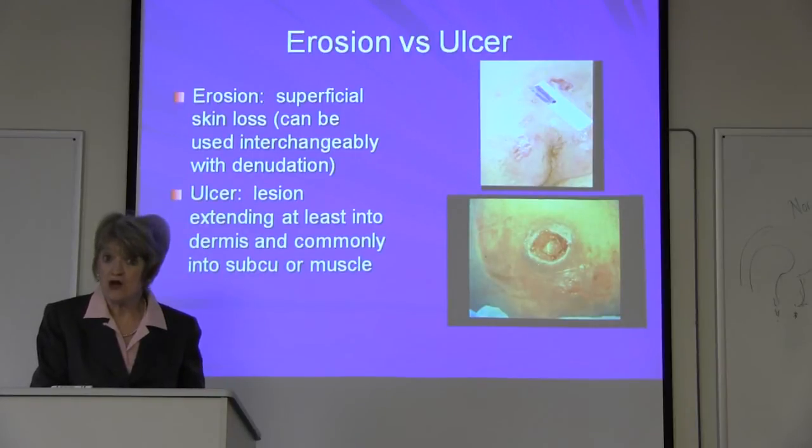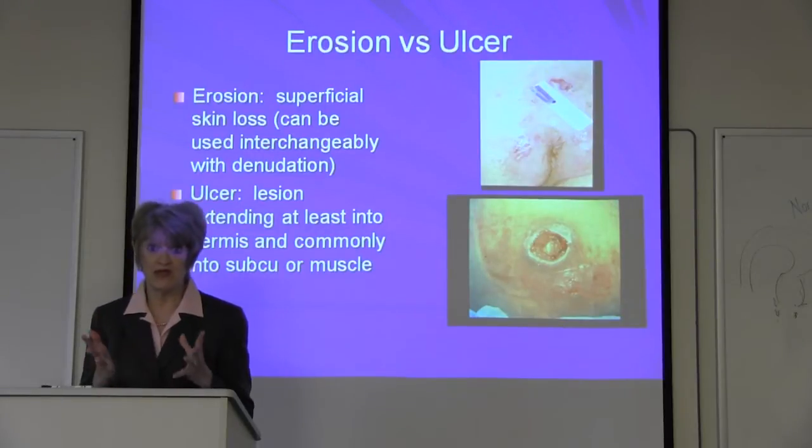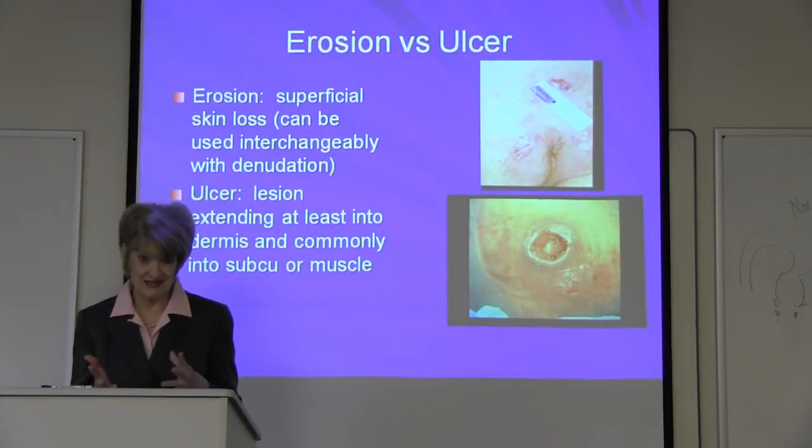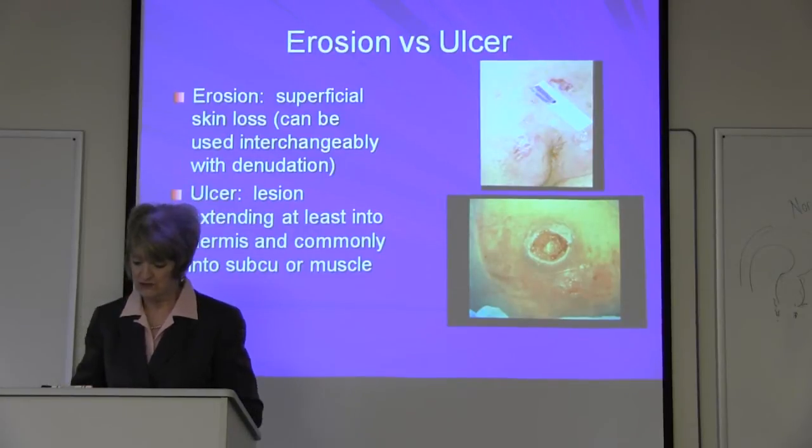But, of course, you know that our pressure ulcer staging system also uses the term ulcer to refer to stage 1 and SDTI lesions. So ulcer can refer to an open wound that has depth and extends at least to the subcu, but can also be used to refer to pre-ulcerative lesions such as stage 1 and suspected deep tissue injury.